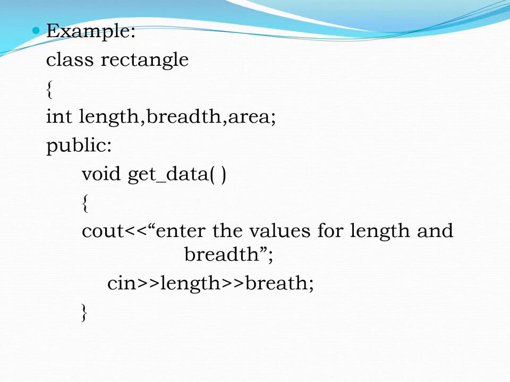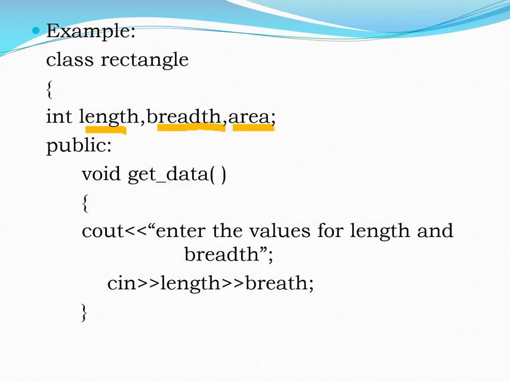To calculate the area of a rectangle, I need the formula length into breadth. So I'm going to add two variables, length and breadth. Once I calculate these two, I need to store the result in one more variable called area. These are the three data members in this example.